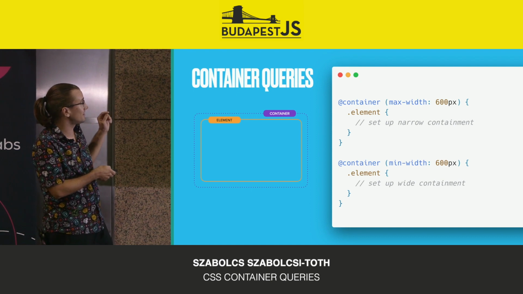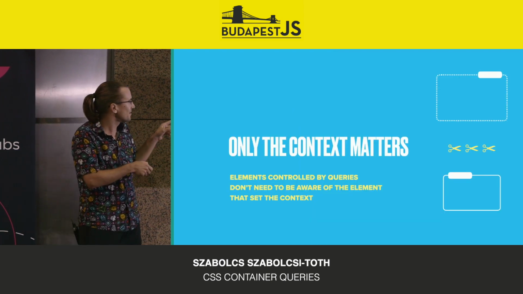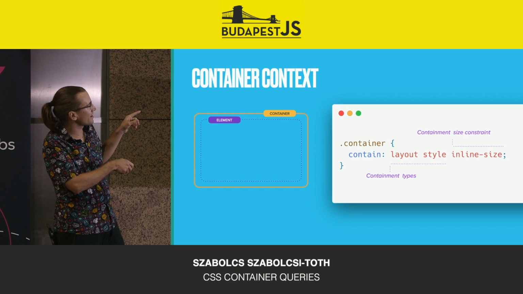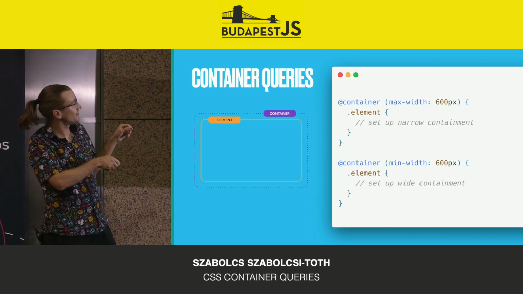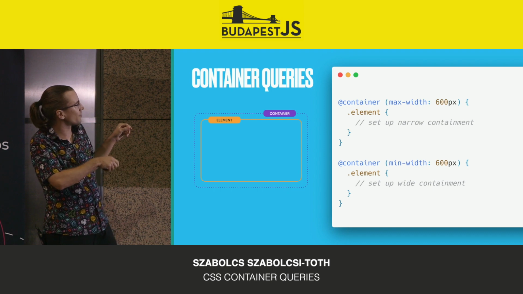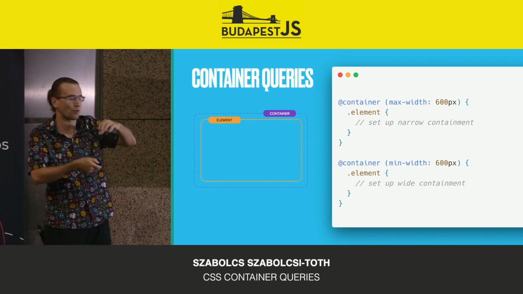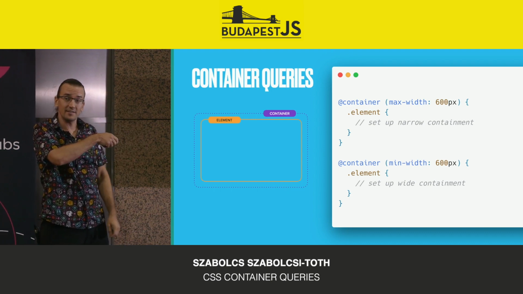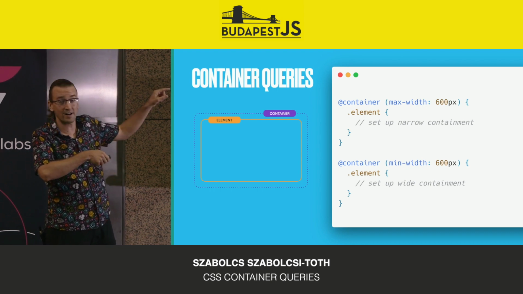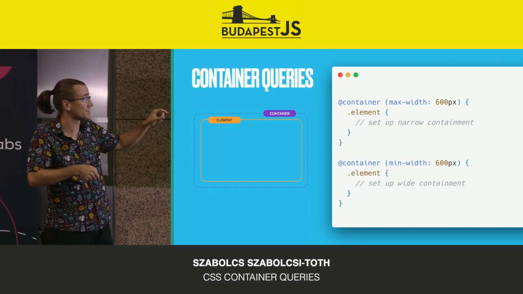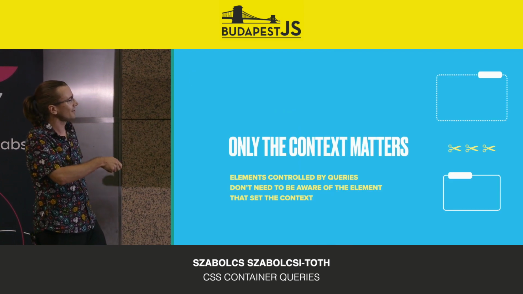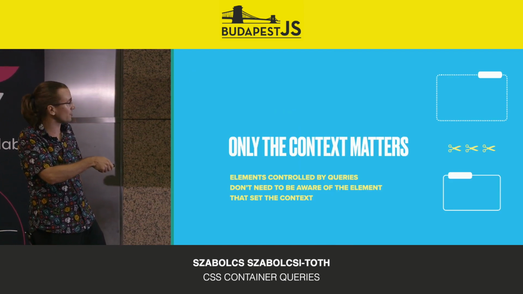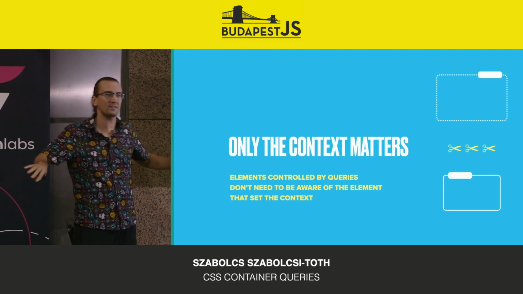And the amazing thing here is, this is my container class, and this is my element class, and this is the rule set for the element within the container context. You cannot see the container style rule here. You cannot see the name of it. It's not .container, it's something else. This means the container and the element inside have been completely separated.